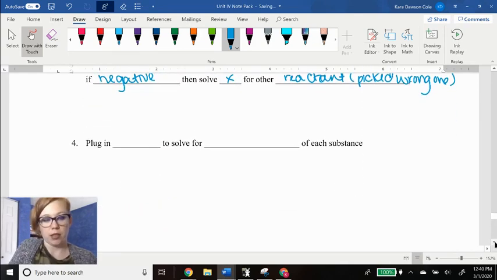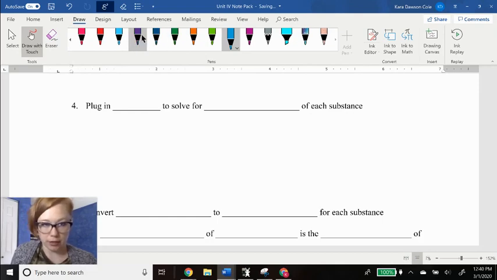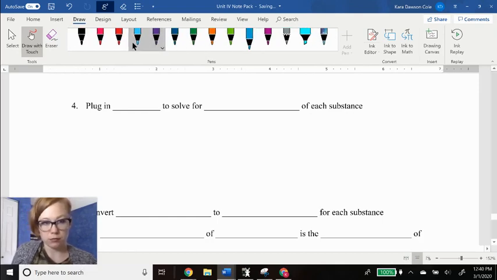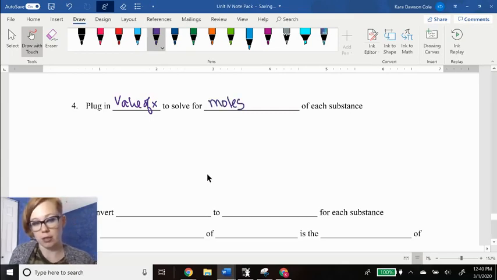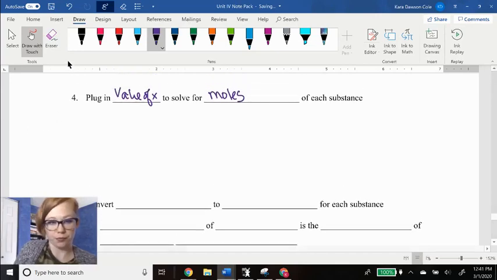All right, so then number 4, you are plugging in the value for x to solve for the moles of each substance. Now, we did that with the aluminum one, right? So I'm going to do all of this right here. For aluminum, we did that one already, but let's look at it again.